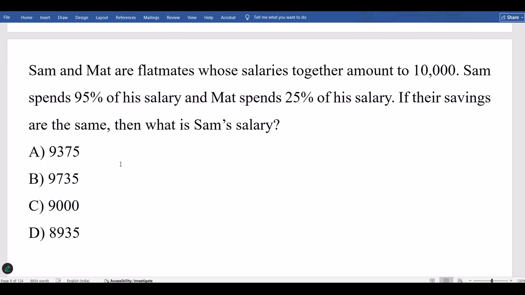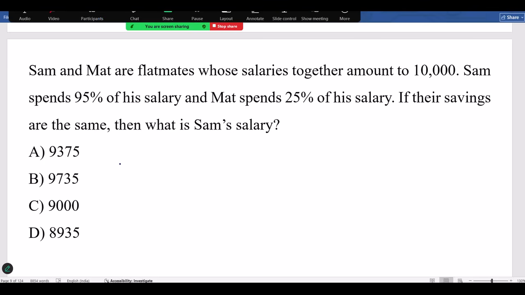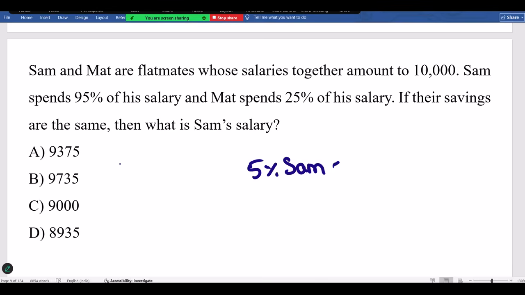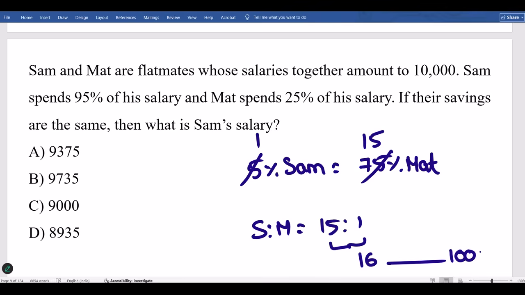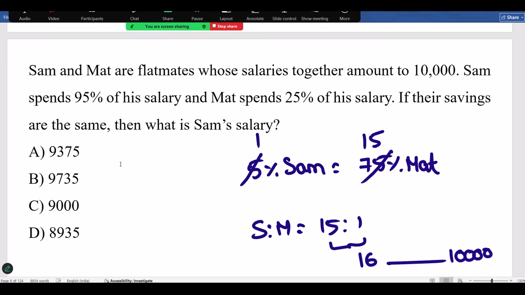Sam spent 95% of his salary and Matt spent 25% of his salary. Now both savings are the same, means 5% of Sam's salary is equal to 75% of Matt's salary. Means 15 times. Sam and Matt's salary is in 15:1 ratio. Together 16. You want 10,000.